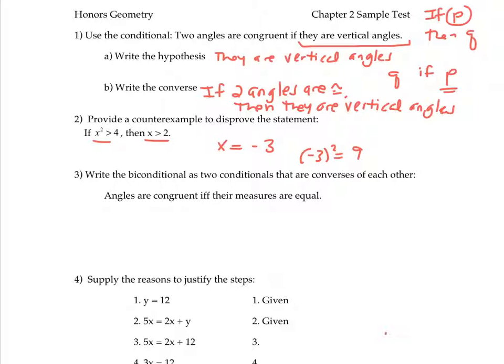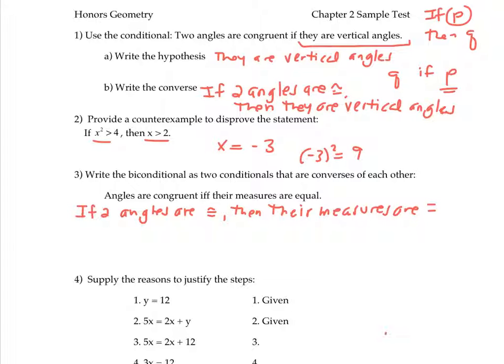Number 3 says write the biconditional as two conditionals that are converses of each other. So you're being asked to split this up into two if-then statements. It says angles are congruent if and only if their measures are equal. So one statement you could say is if two angles are congruent, then their measures are equal.